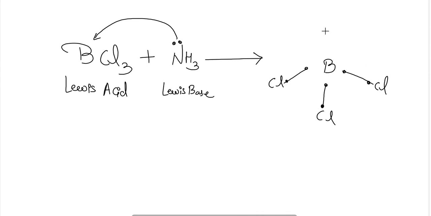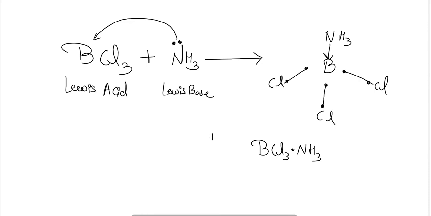So the nitrogen of the ammonia will donate a lone pair of electrons to boron in order to complete the octet for boron, and hence a coordinate compound or a complex compound will be formed. So this kind of nature will be seen.